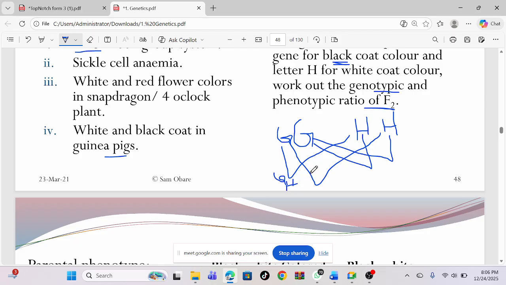This will be GH. This will be GH. This also will be GH. So all of these are going to be black and white. All of them. So this is known as the F1 generation.